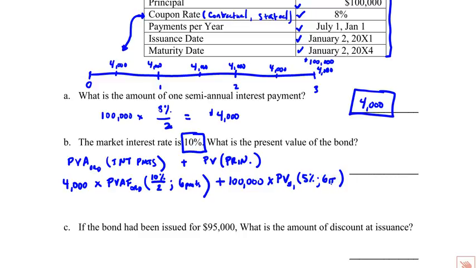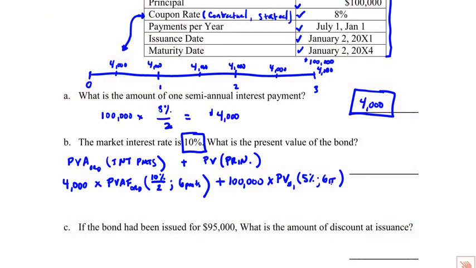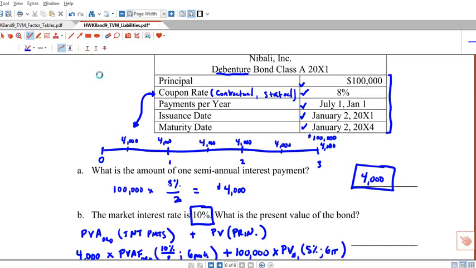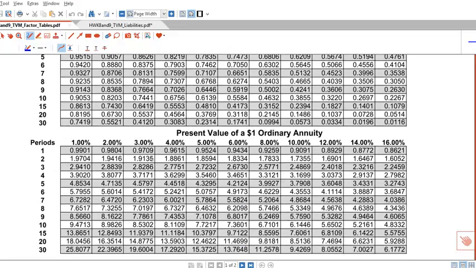Okay, so now where do we get those factors? Let's see where I got them over here. They're over here on the other side. So let's do the annuity first. Present value of ordinary annuity.